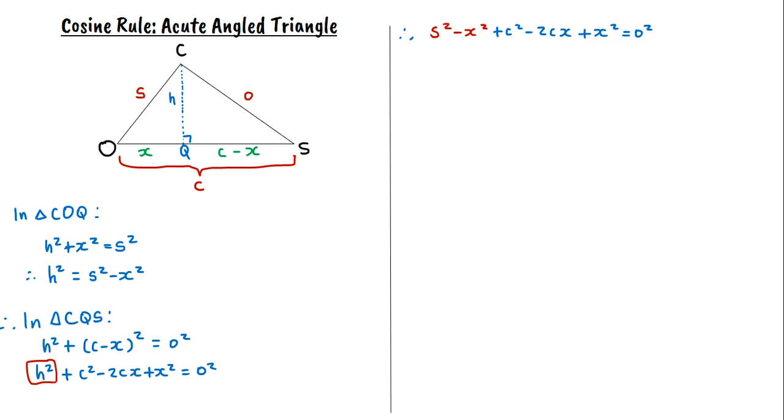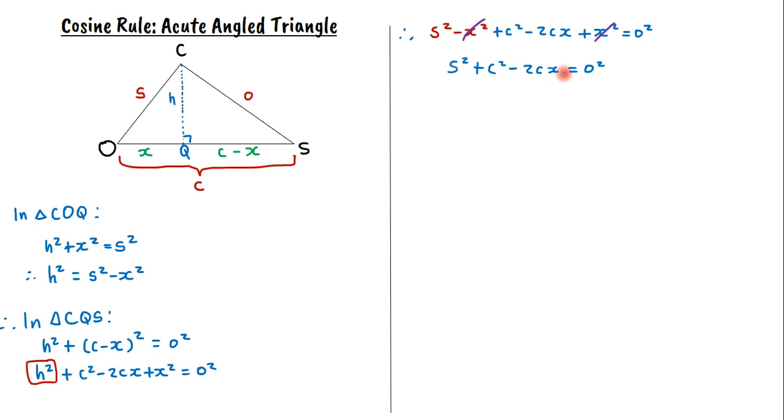Then look what happens here. The x squared cancels with that one. And then what do we have left? From there, we are left with s squared plus c squared minus 2cx equals o squared.